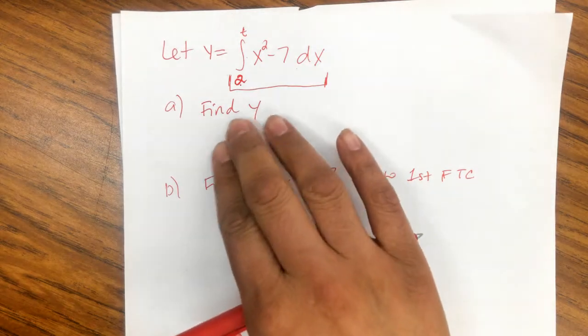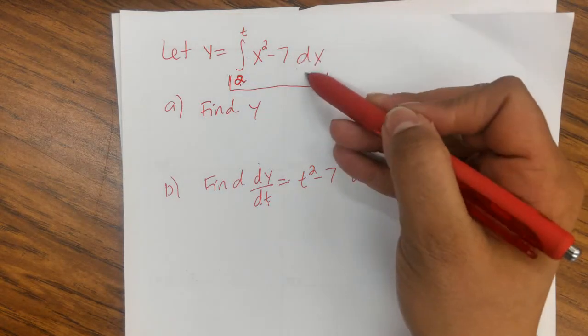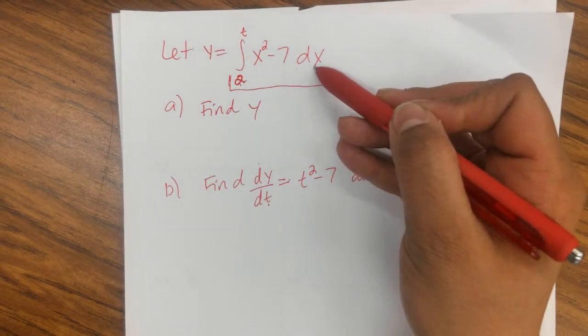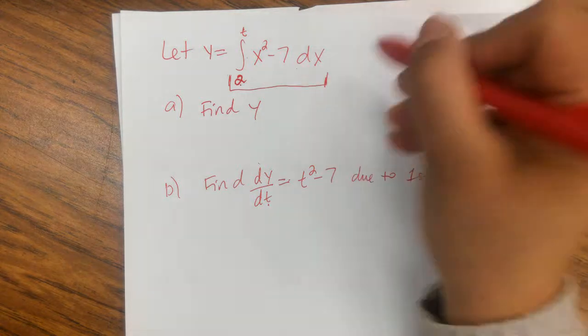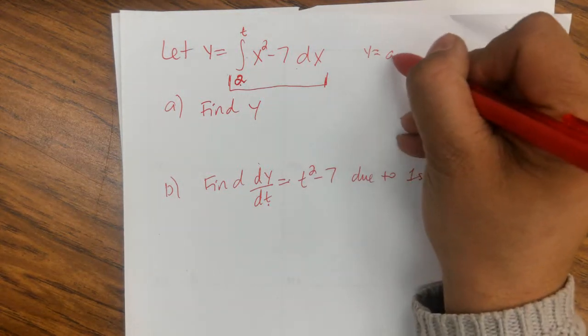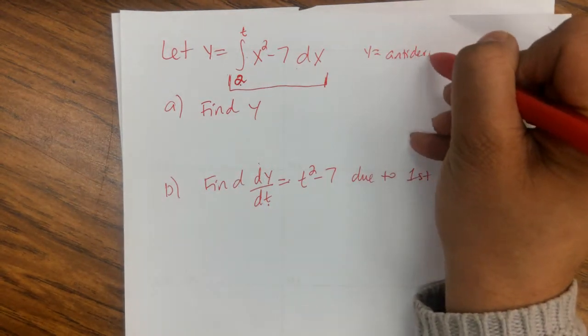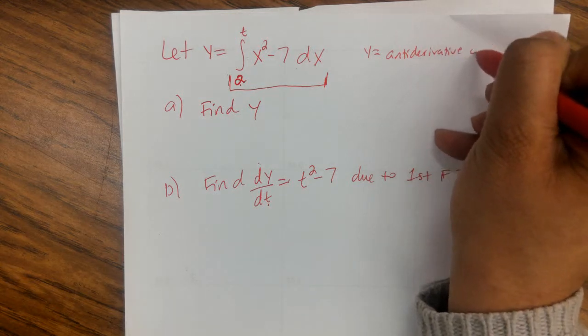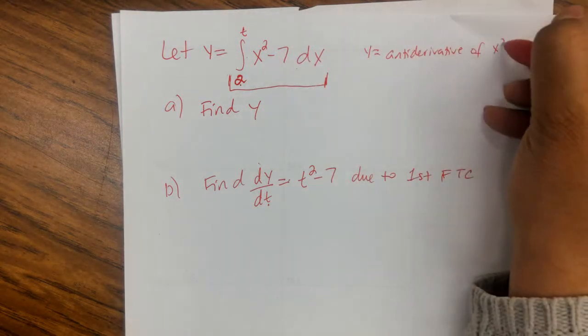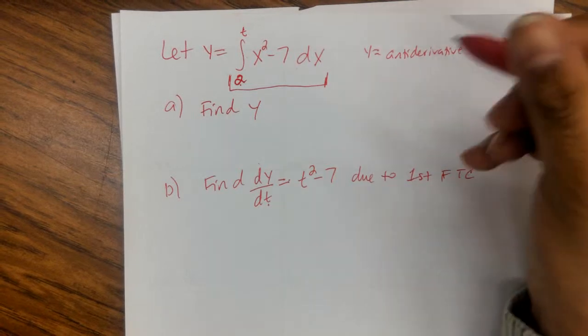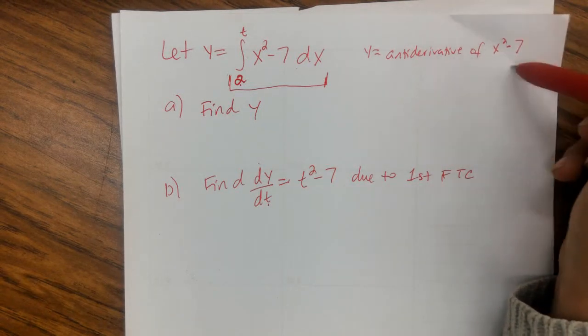Okay, this represents the antiderivative. So one more time, y is the antiderivative of the integrand x squared minus 7. So I just have to find the antiderivative of x squared minus 7.